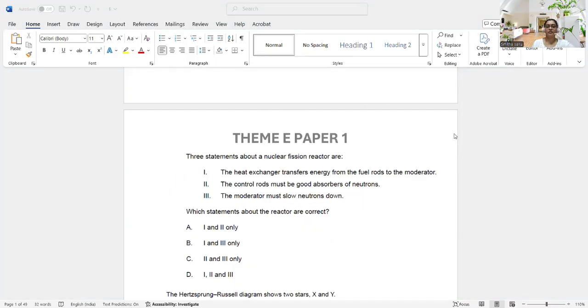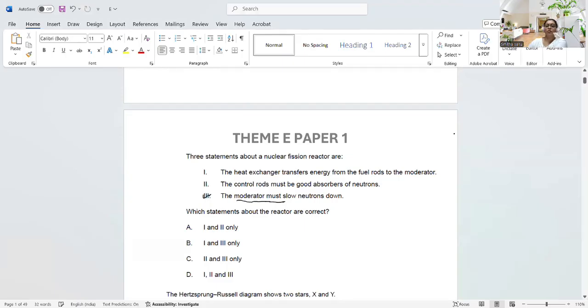To the next question. The three statements about nuclear fission reactor are: the heat exchanger transfers energy from the fuel rod to the moderator, the control rods must be good absorbers of neutrons, and the moderator must slow down neutrons. So very clearly, the moderator must slow down neutrons is correct.